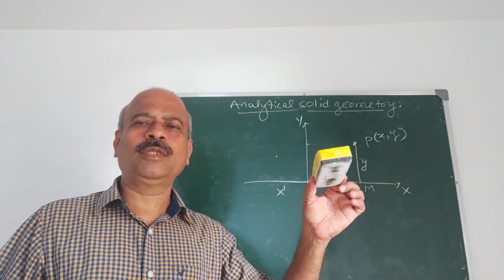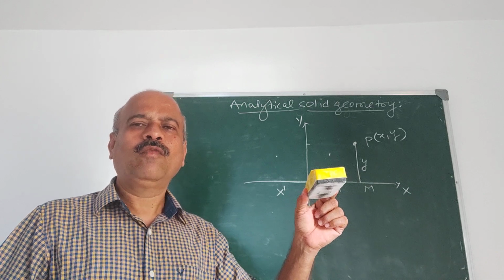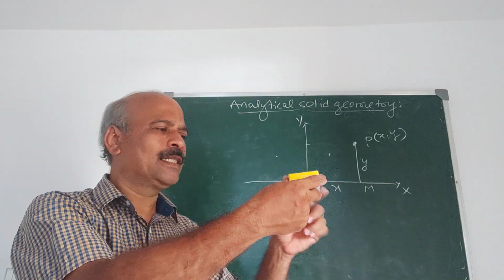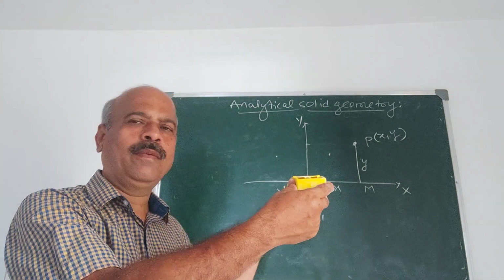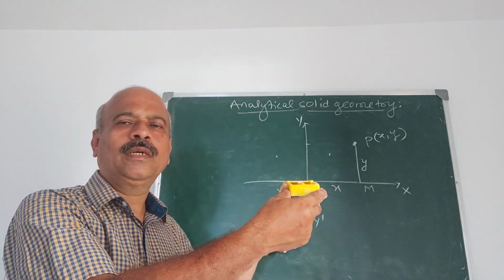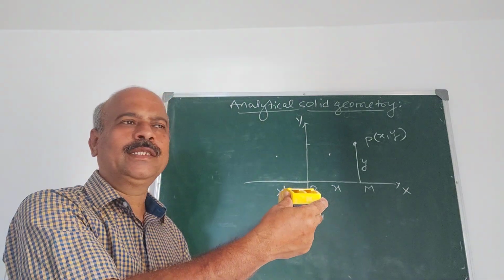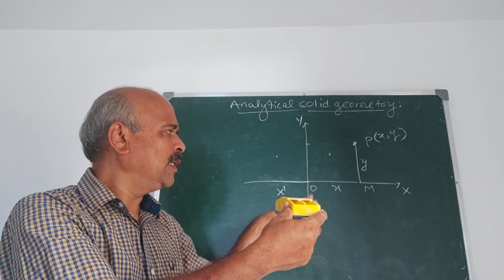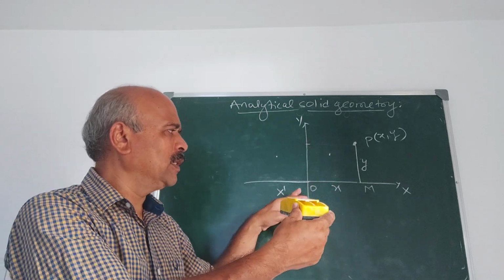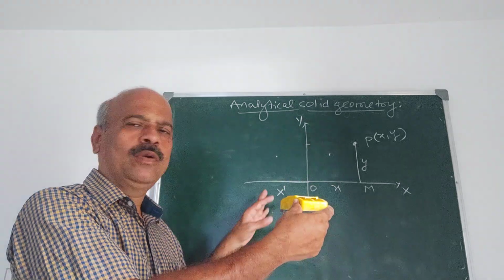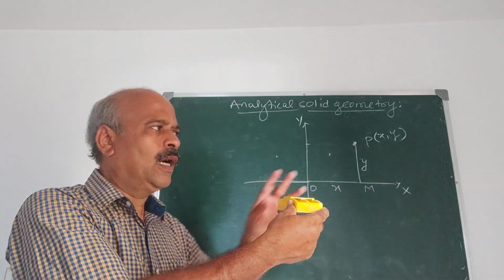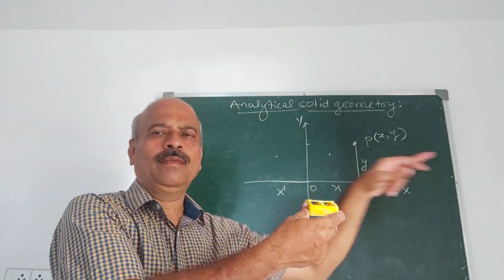What is the position of this object? That is the duster. For that, I take the distance of this duster from this wall, from the blackboard. One distance. Another distance from the adjacent wall.